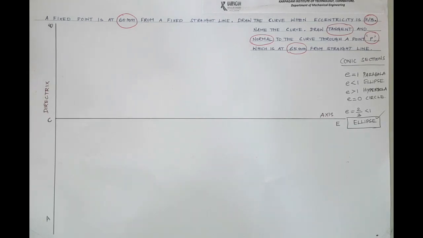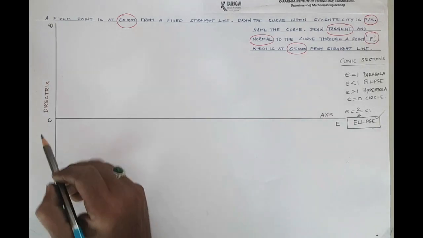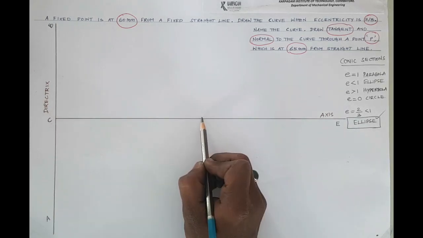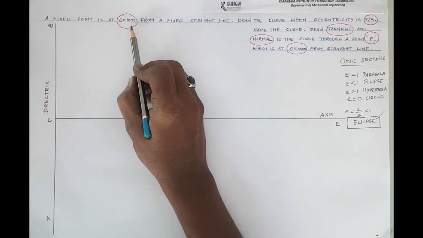The first sentence is having a distance of 60 mm, and this 60 mm should be marked on a straight line from a fixed point. And in this case, the fixed point is C, and on the straight line, I want to mark 60 mm.